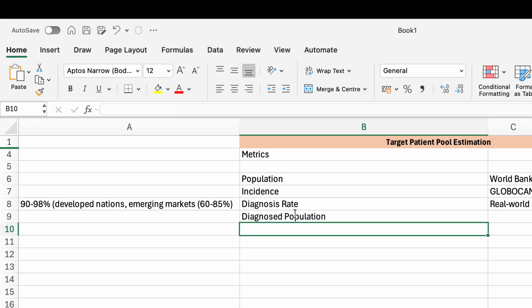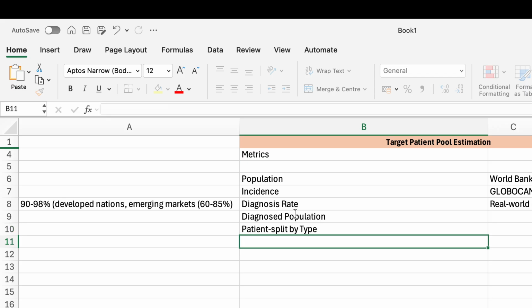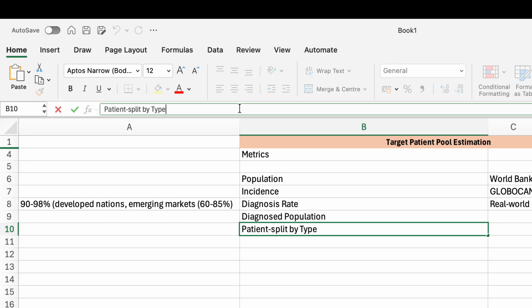After getting the diagnosed population, you do a patient split by type, right? So this type could be anything like histology, molecular subtype, tumor location.